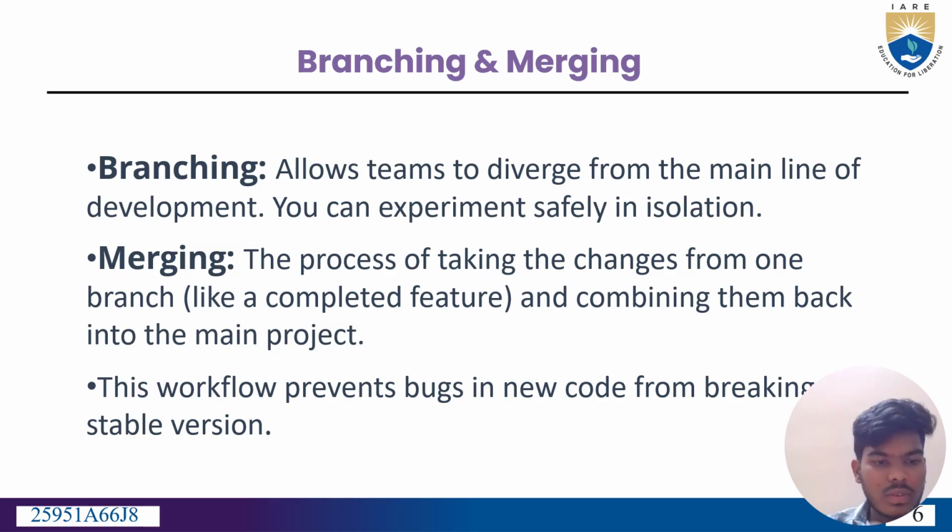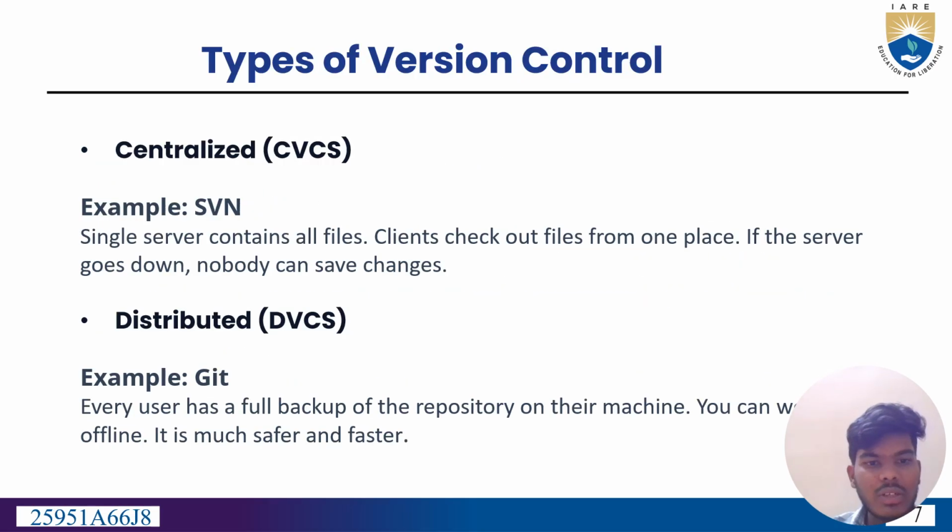Next, coming to version control. There are two types of version control systems. The first is the centralized version control system, and the second is the distributed version control system.